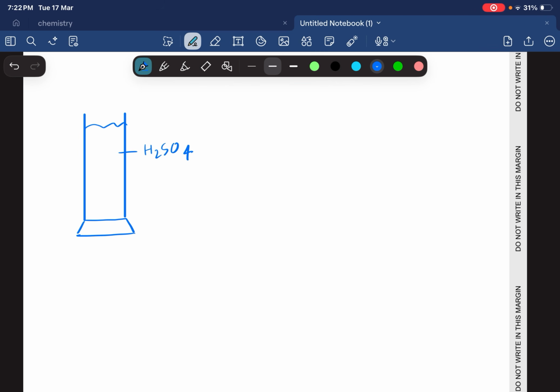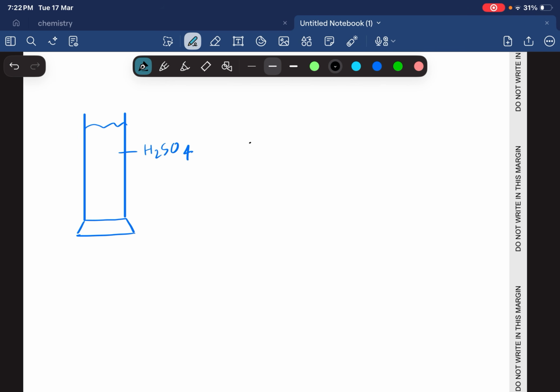So if I were in a laboratory and I had to determine this, because I'm doing a heat experiment, first I'm going to tell you my thought process. I'm going to take a measuring cylinder and measure a fixed amount of H2SO4, which is sulfuric acid.